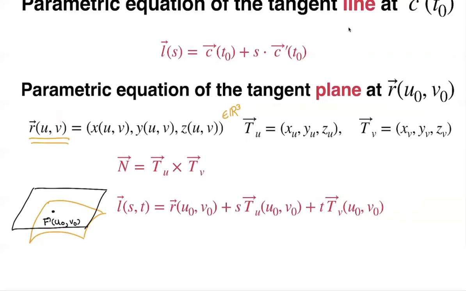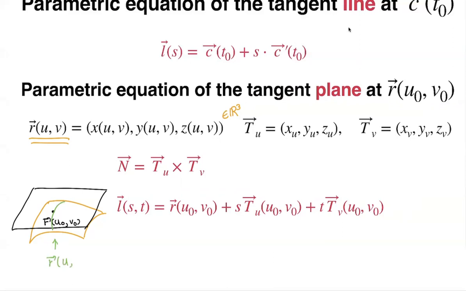So let's think about the u curve. This curve has only one variable, u. So let's say that this is the u curve. It means that it has only one variable u, and then v must be fixed.